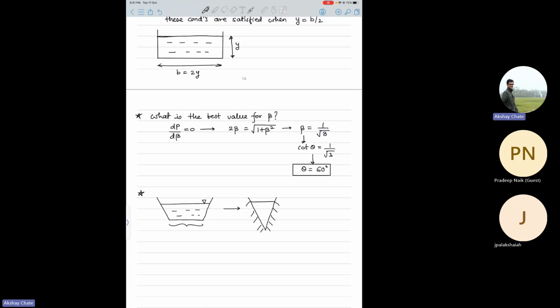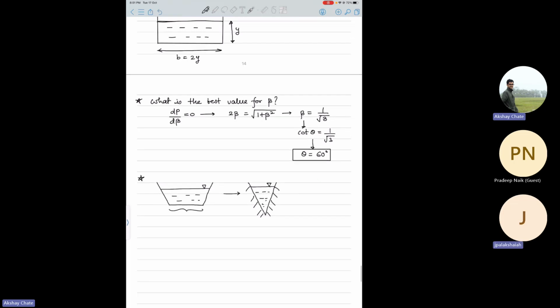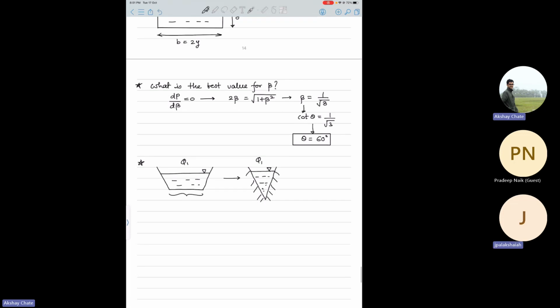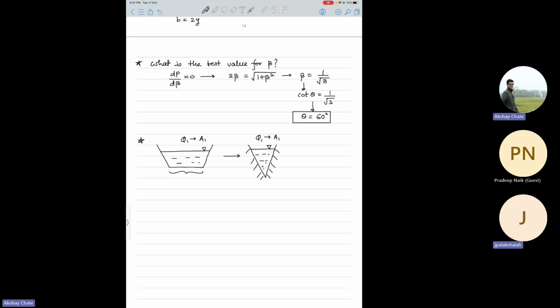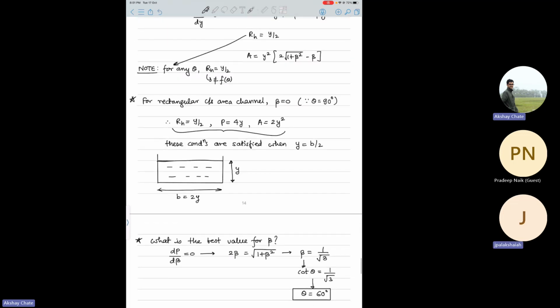Correct, it can, but at the same time you must keep in mind that the flow rate in both channels needs to be the same. So if it is Q1 here, it should be the same, and assuming the velocity doesn't change, your cross-sectional area should be the same in both cases. Only the depth increases.